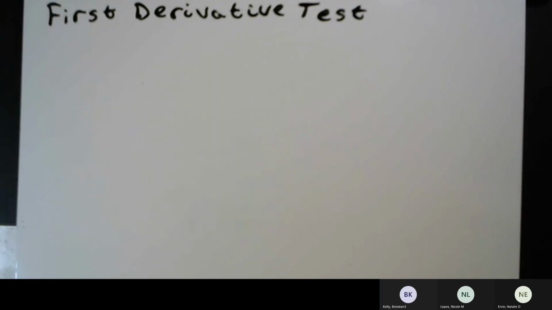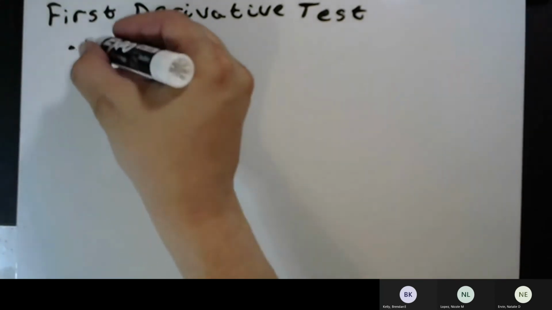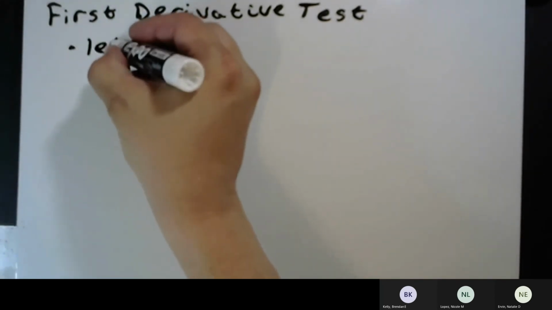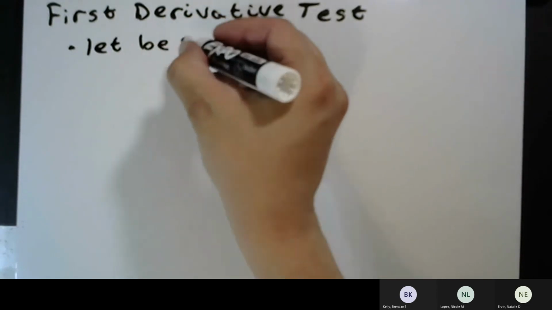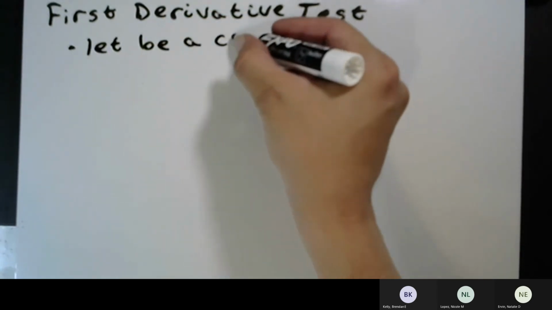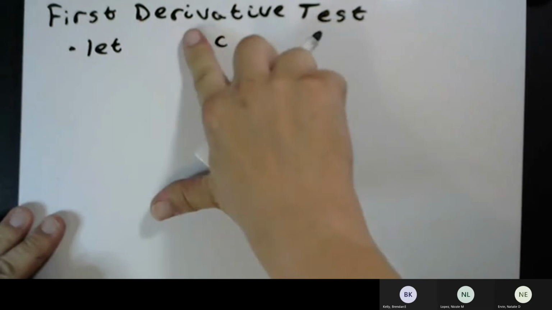Now, we're going to suppose that C be a critical point. Oh, I forgot to actually put the C there.